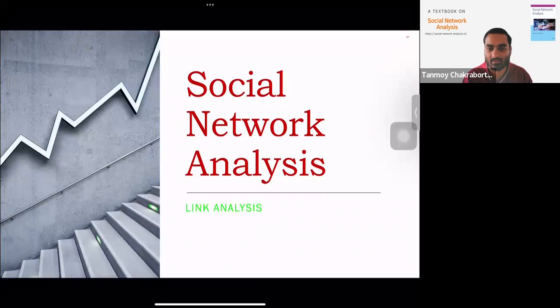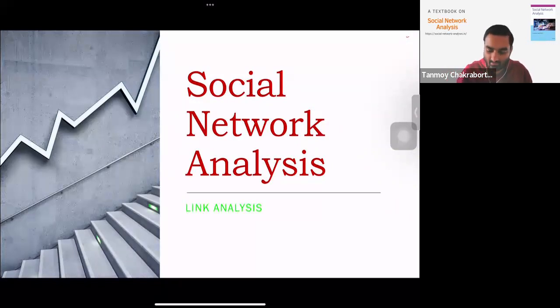For example, in the last chapter we defined different quantifications for nodes. Here we will define different quantifications for edges. So this is about link analysis. In the next chapter we will discuss a very important concept called link prediction, which is mostly motivated by this chapter. So this is basically the foundation for the link prediction chapter. All right, let's get started.